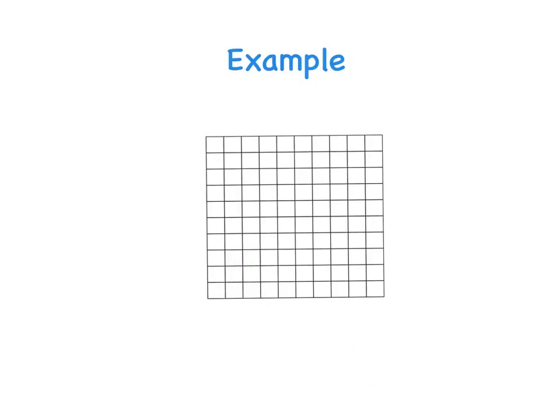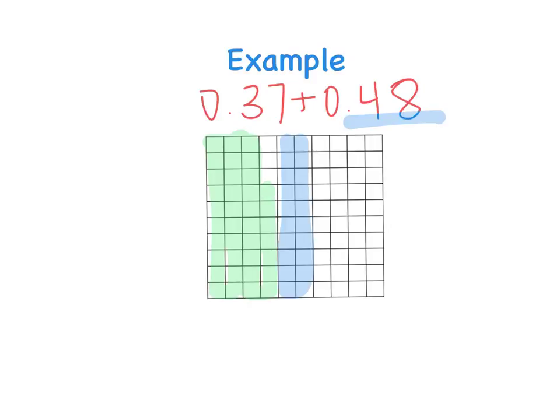Last example here, I want to show you one more addition problem before I have you try this on your own, and that is 0.37 plus 0.48. Again, with addition, you're going to color in the two different amounts. First I'm going to color in 37 hundredths. That's 30 hundredths, and 1, 2, 3, 4, 5, 6, 7. Then using a different color, or if you just have a pencil, you could do lines for one number and then fully color in the next number, something to differentiate the two.